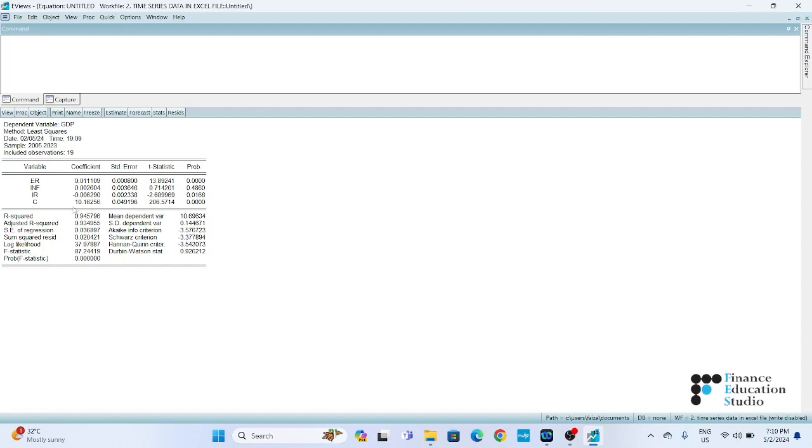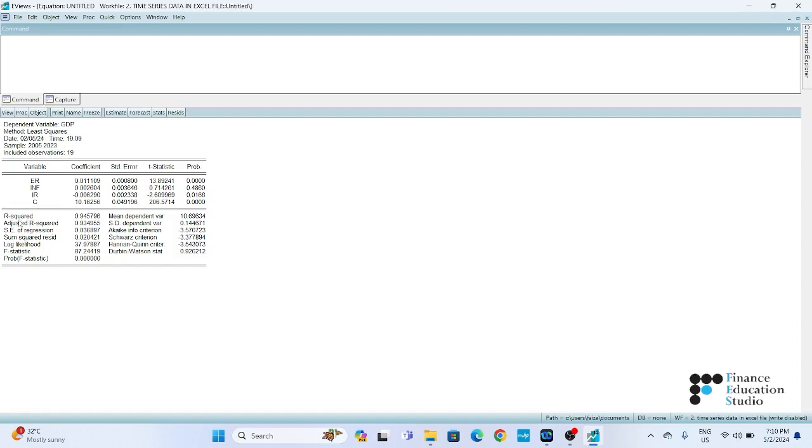C is the constant. Here we have coefficient value, standard error, t statistics and probability value. In the coefficient section, C is the constant which shows the average value of the dependent variable when all other variables are equal to 0. Likewise, you can also look at the value of R square.